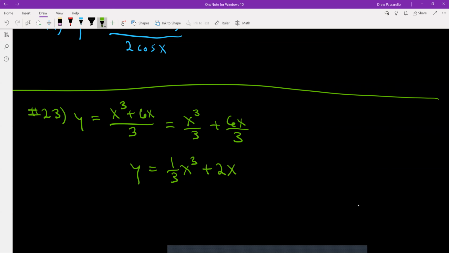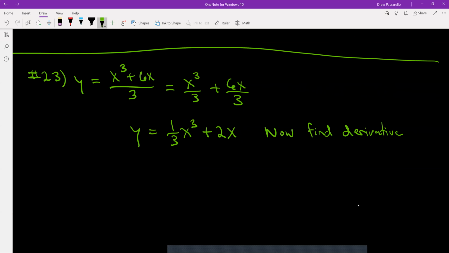All right, so I rewrote it, and now I'm going to find the derivative. So y prime equals, and then I factor out the 1/3 and take the derivative of x cubed, and I use the power rule.